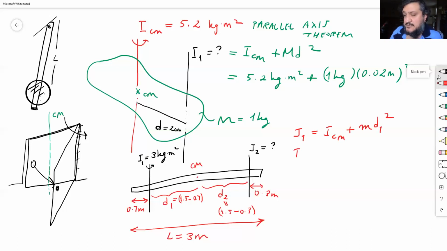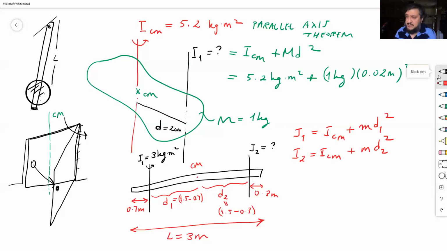And also I2 has to be equal to ICM plus M D2 squared. Okay. Now M is not given. Maybe we should know what M is.